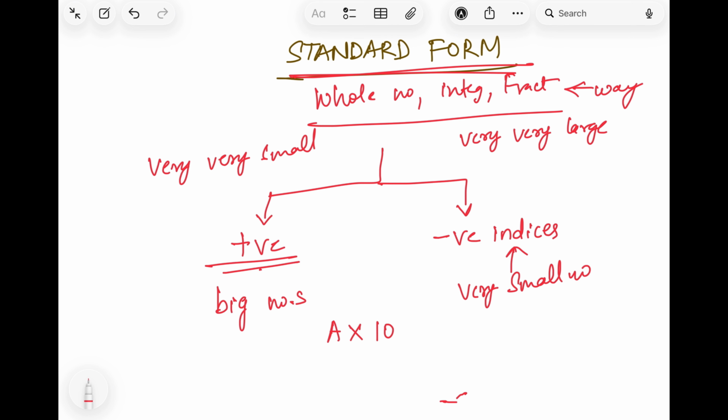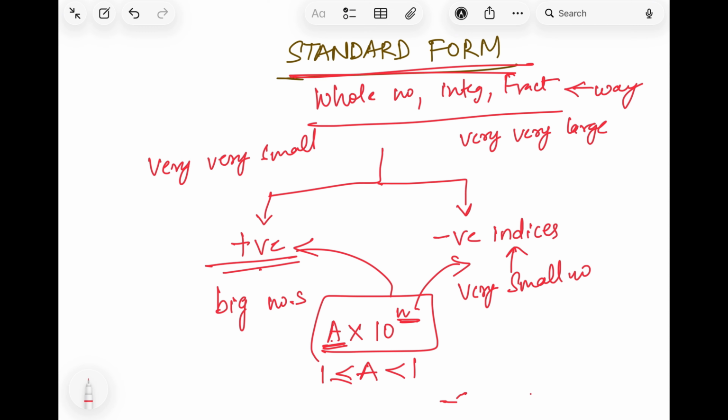into 10 raised to n. Now this n will be positive here and negative if they are small numbers. Okay, so this is the way of writing the number in standard form. But not only a into 10 raised to n, there is a condition for a also. That is 1 less than or equal to a, less than 10.